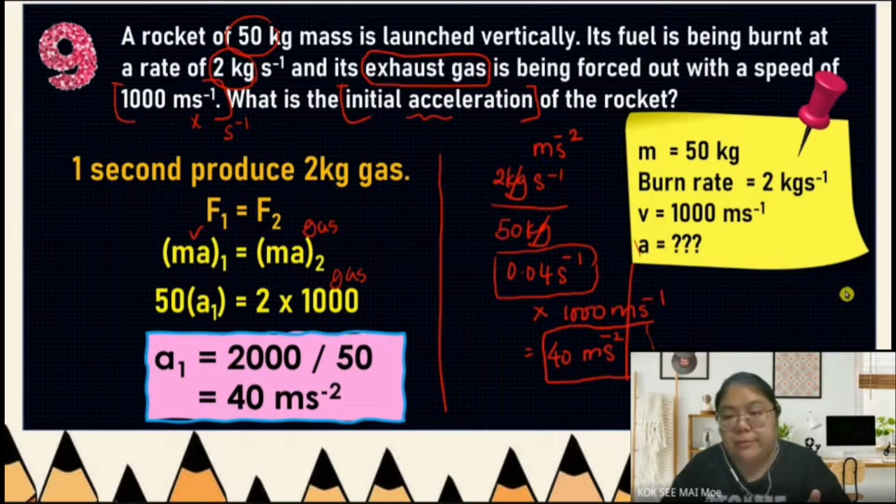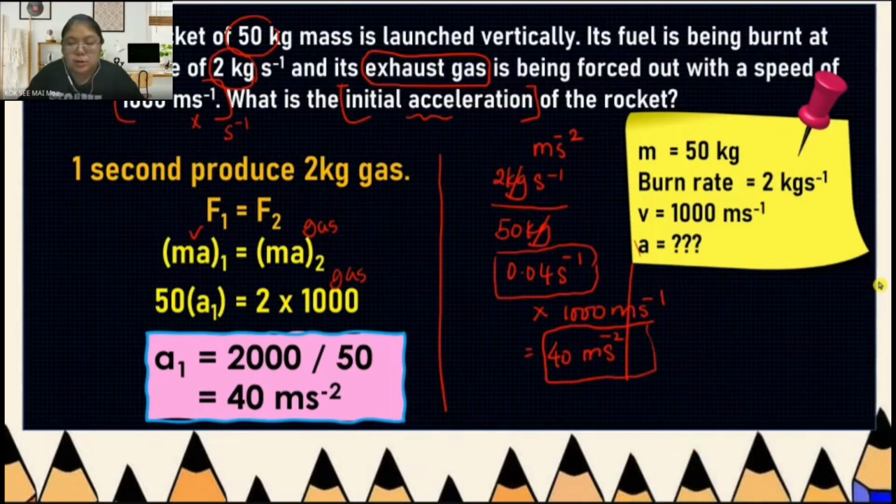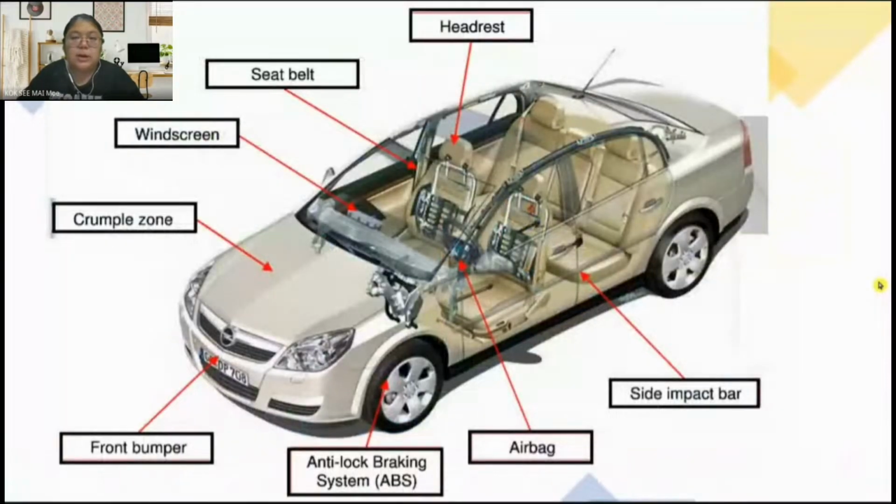That means all the features in the car, some are related to inertia, some are related to the impulsive force. So we go and see this part. Then this one normally comes out in the essay. Okay, they just ask you to create some of the safety features for the car related with the impulse or impulsive force. Okay, so we're going to see the structure for the car.